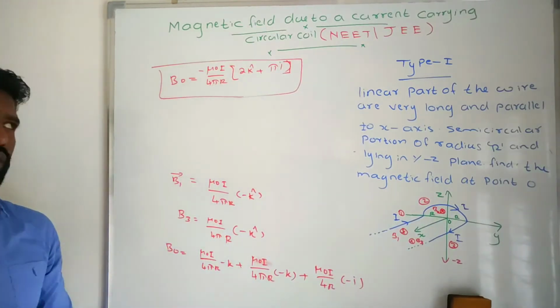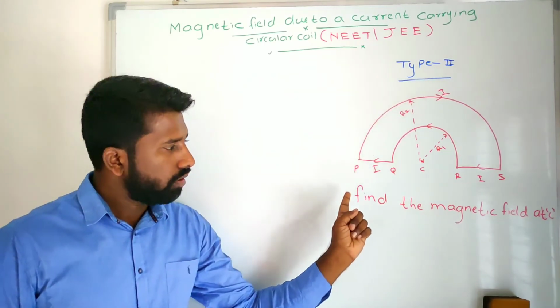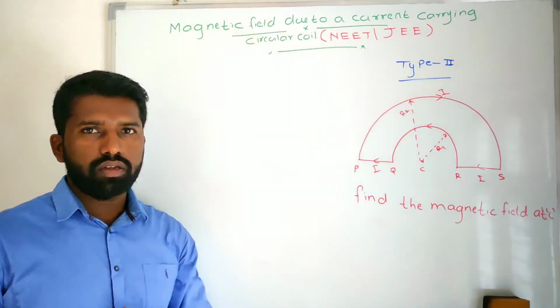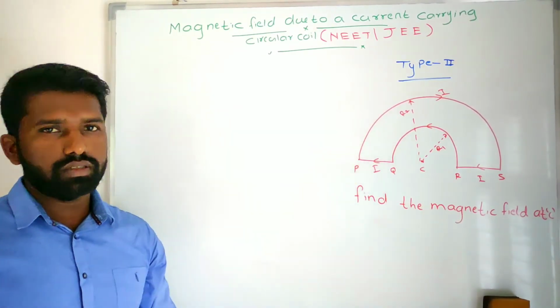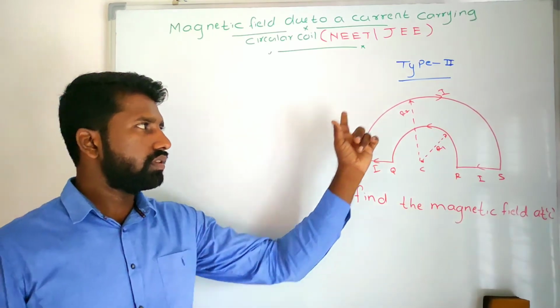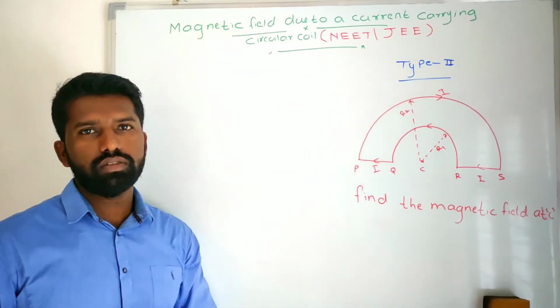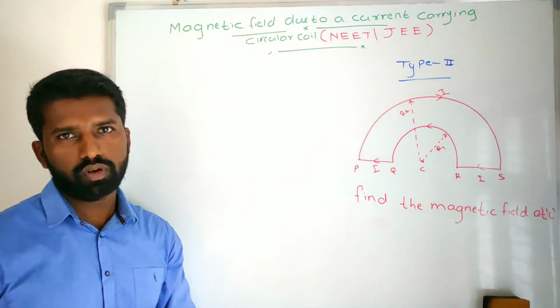Okay, this is about type 1. Type 2. Find the magnetic field at C. They are given a loop. We need to find out the magnetic field at C, and consider this loop as two straight conductors and two semicircular loops.